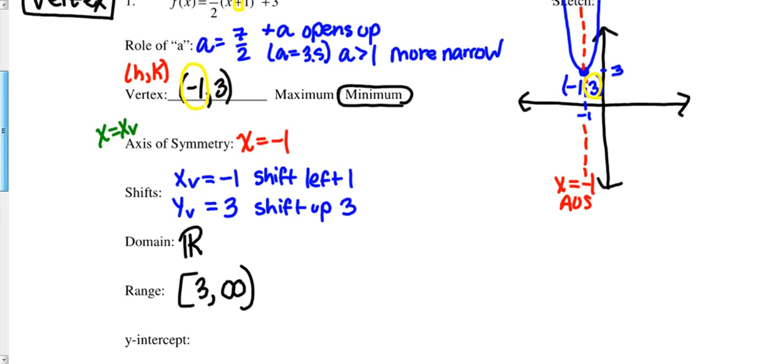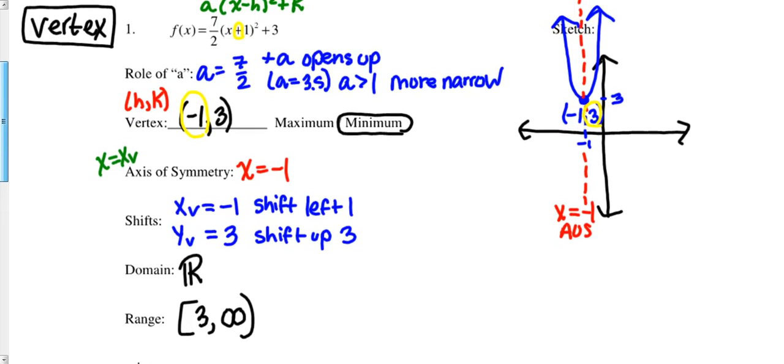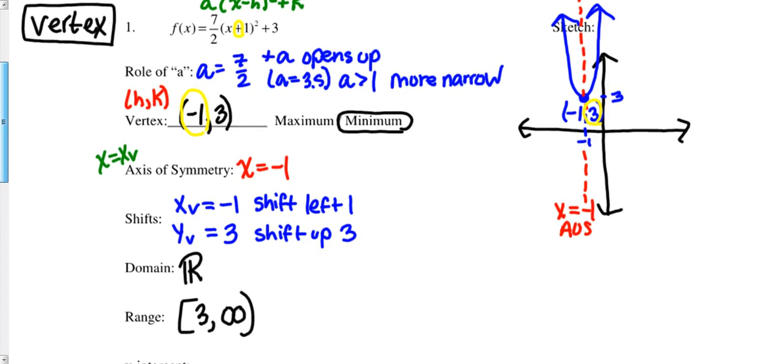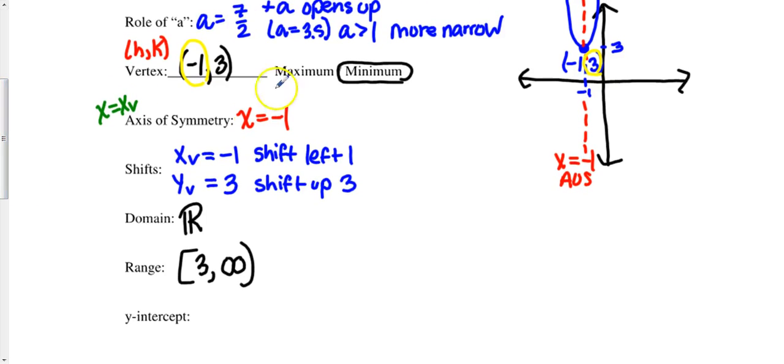Last but not least, we are asked for the y-intercept. Do I get the y-intercept for free from vertex form? Yes or no? The answer is no. We need to calculate f of 0. So let's do that.